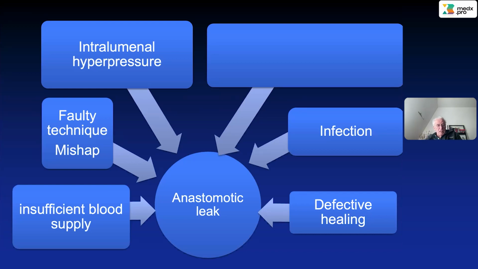So the other factors that lead to anastomotic leakage can include defective healing, infection, the microbiome theory, increased intraluminal hyperpressure, faulty technique and mishaps that we'll talk about, and we've already talked about the insufficient blood supply. Intra-abdominal hyperpressure can also lead to mechanical tension, which is another factor of anastomotic leakage. This leads me to talk a little bit about stapling.